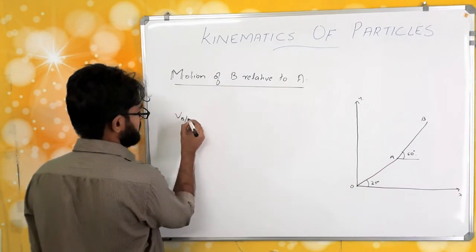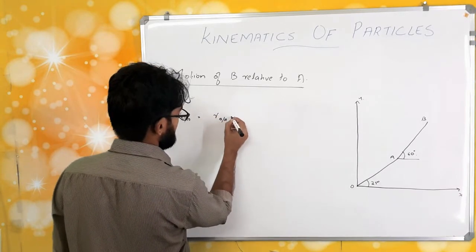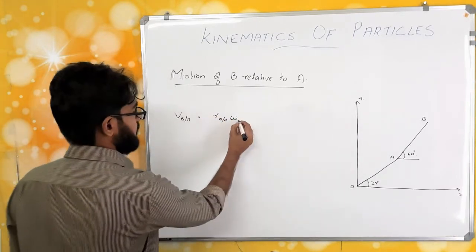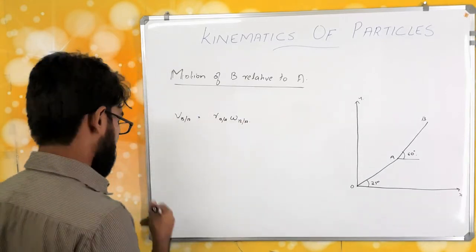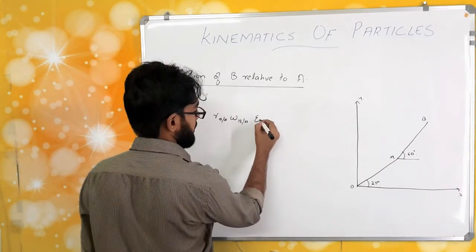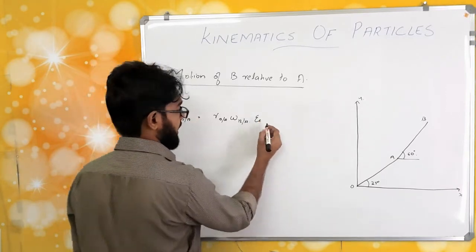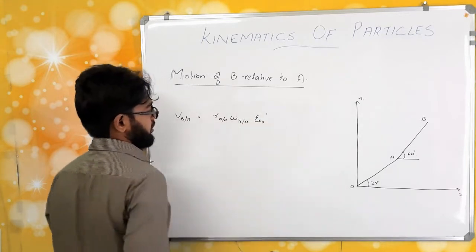Velocity of B with respect to A can be given as R B with respect to A into omega B with respect to A. We have already studied that the velocity is equal to R omega. Now this corresponding velocity is in the direction of epsilon theta.